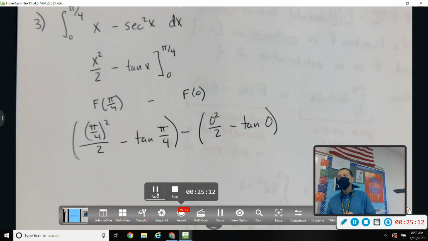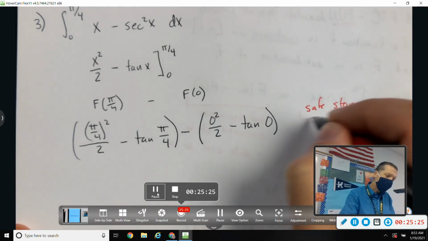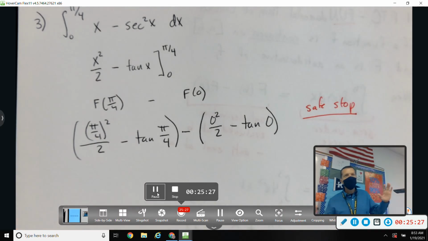Here's good news for those of you that are not big fans of trig. That is calculator ready. You can type that in the calculator and get an answer. So that is a safe stop. On a free response question, I would stop there. Even if you know what tangent of pi over 4 is, why risk it? Maybe your brain jumbled something up and you forgot it that day. Leave it as is.